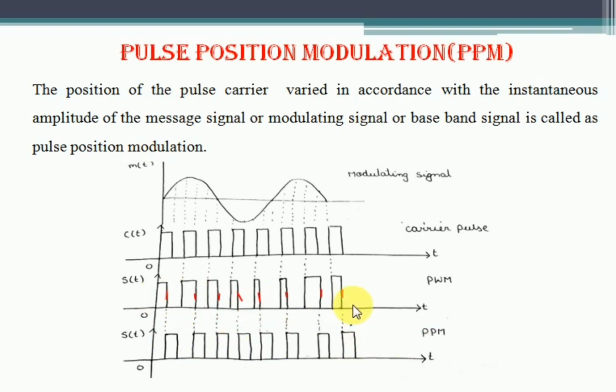So these are the trailing edge points of a PWM signal, and at each point it indicates the starting of a PPM signal. In this way we are going to see how to draw the waveform of a PPM from the PWM.